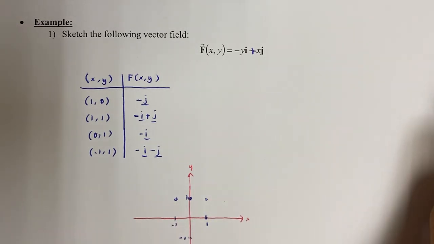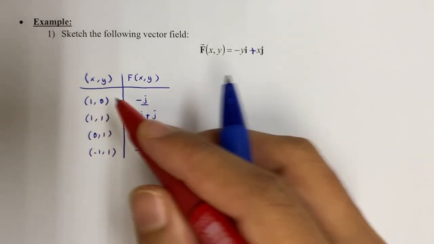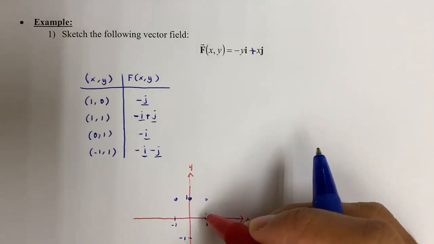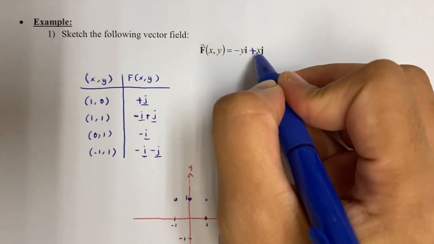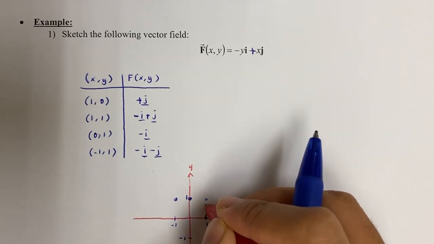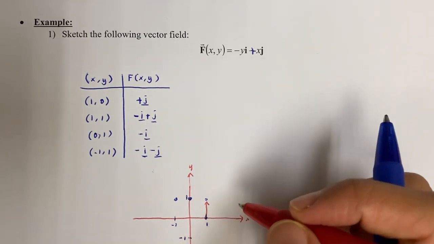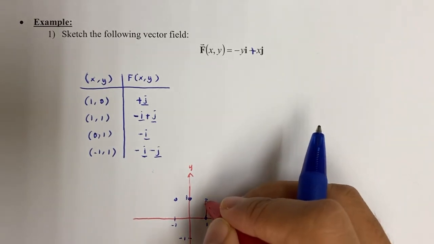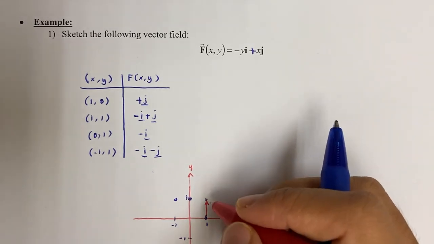Okay, if you refer to F(x, y), so minus j, sorry, positive j, which we just changed in the equation. So plus j, meaning that you have this straight line with 0 i plus 1 j.